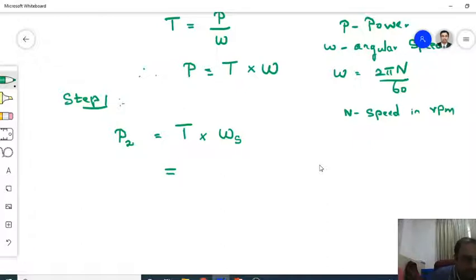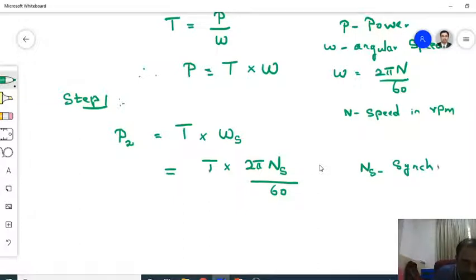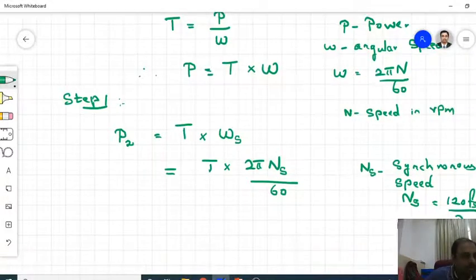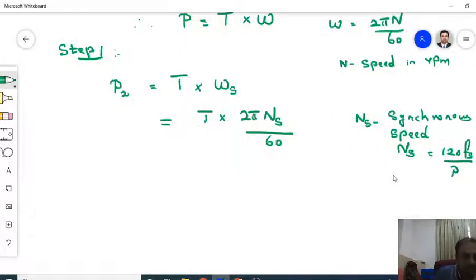T into 2 pi Ns by 60, where Ns is synchronous speed. Ns is equal to f by p. So 2 pi Ns by 60.